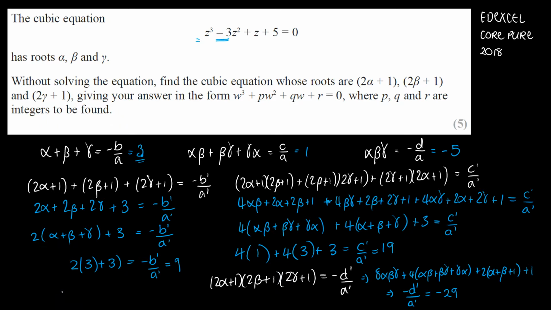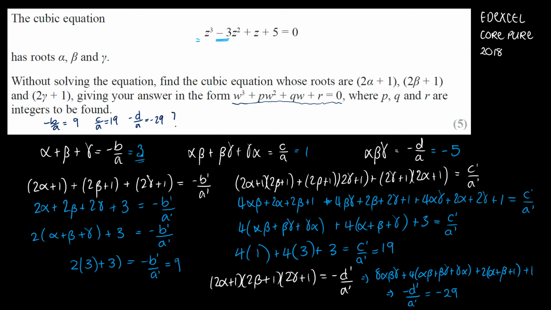Now, all I need to do is pull all these expressions together and whack them back into this equation that I've been given here, because I have now got the coefficients. We changed to W to notate a transformed cubic, so we must keep that W in there. So I've got minus b over a for my new expression being 9, c over a being 19, and minus d over a being minus 29.